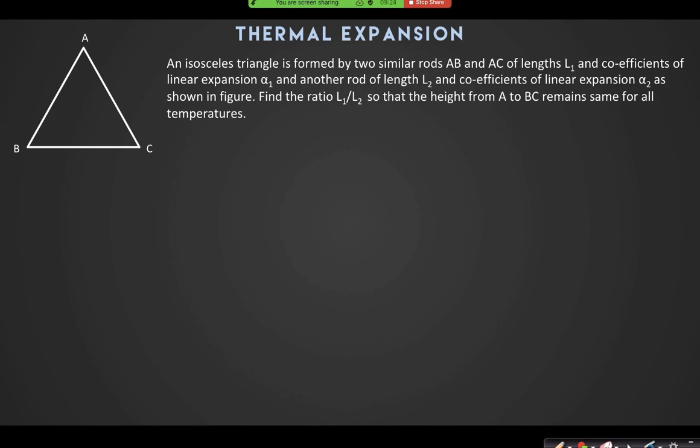So in this triangle, two rods AB and AC are of similar nature and the base BC has a different expansion coefficient alpha 2. You need to calculate the ratio L1 by L2 so that the height from A to BC is always the same at all temperatures. A small temperature change will not affect the height from A to BC.